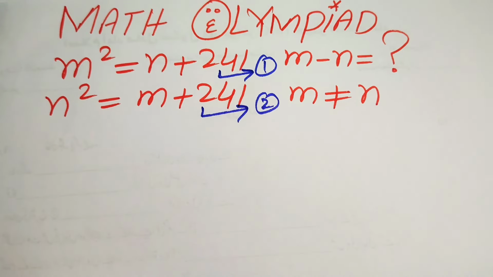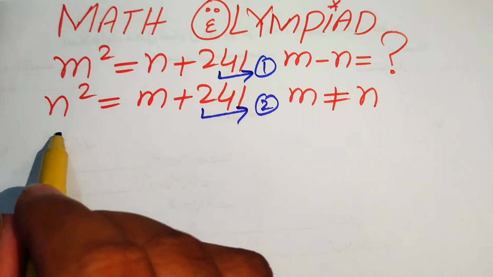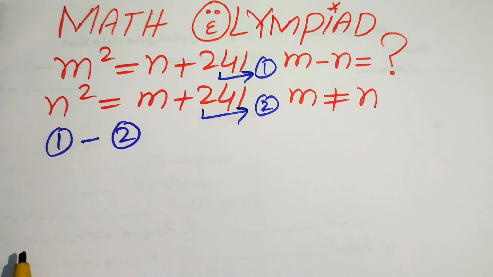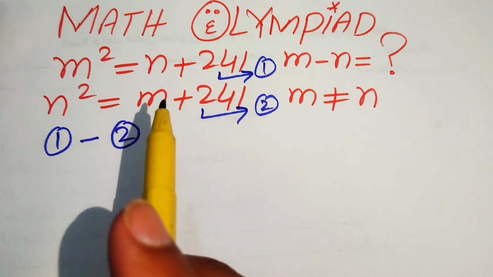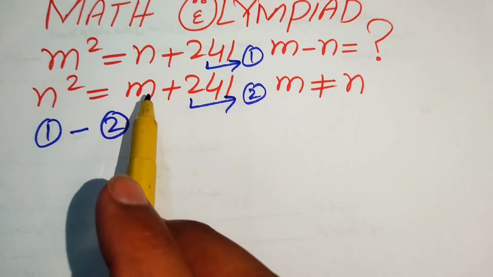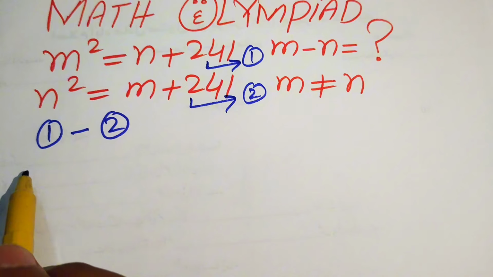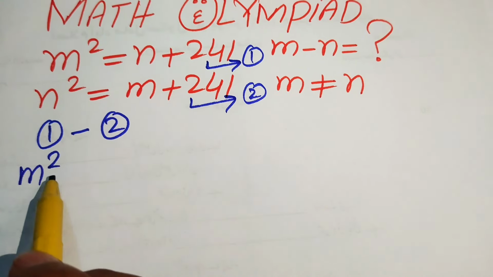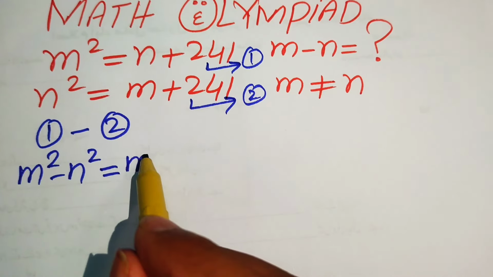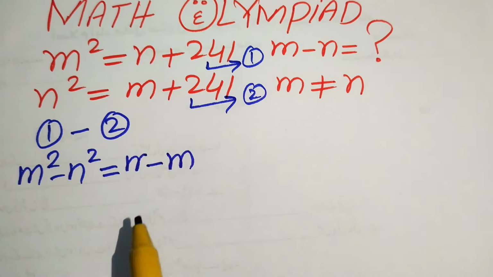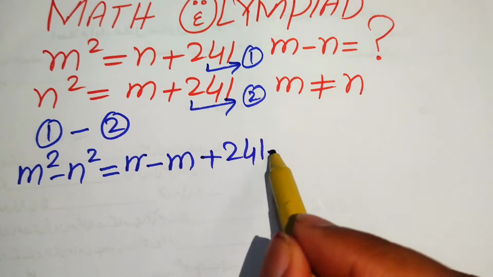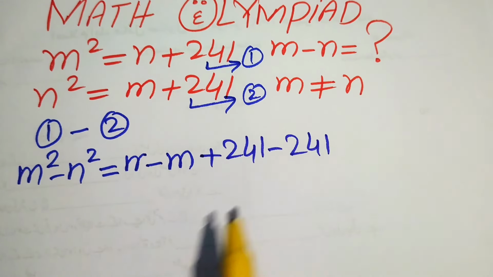The very first step is to subtract equation number 2 from equation number 1. If we subtract these two equations, we subtract the left hand side from the left hand side and the right hand side from the right hand side. It will be written as m square minus n square equals n minus m, plus 241 minus 241.